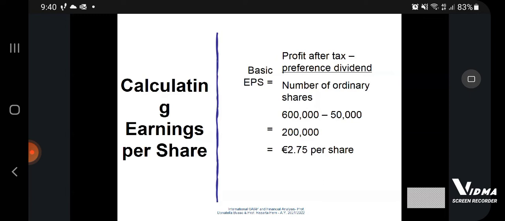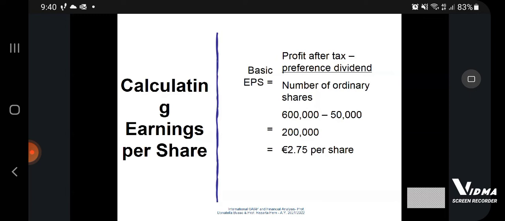What I need to compare with each other is the earnings available to the common shareholders, and the figure of the earnings is the profit of the year after I take into account the preferred dividend, which is going to be distributed to the preferred shareholders.